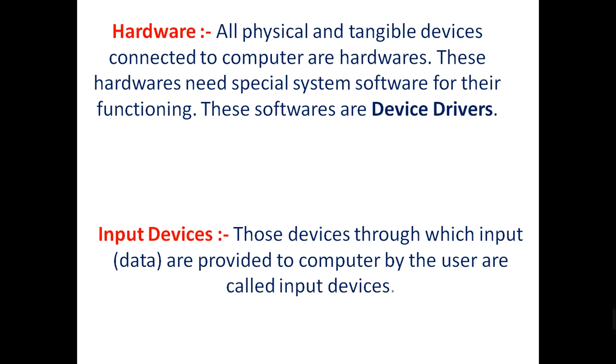So every hardware that comes with the computer must need its device driver, whether it is mouse, keyboard, scanner, audio devices, video devices, all those devices. So computer hardware can be present either internal to the computer or external to the computer.